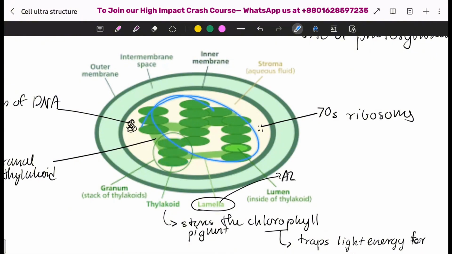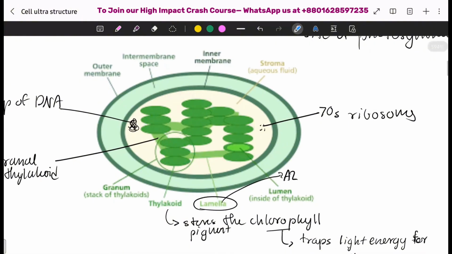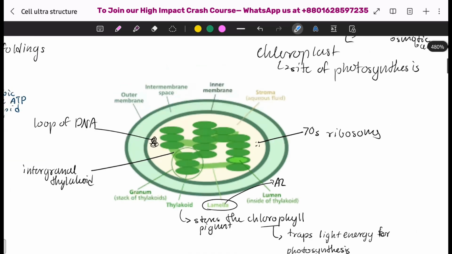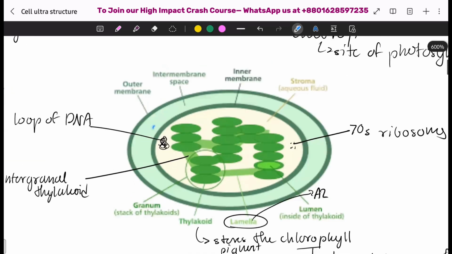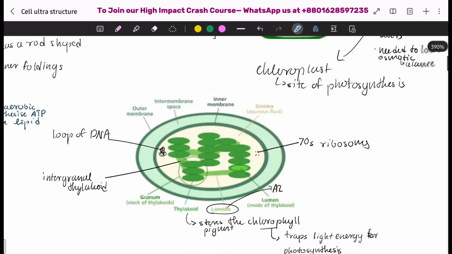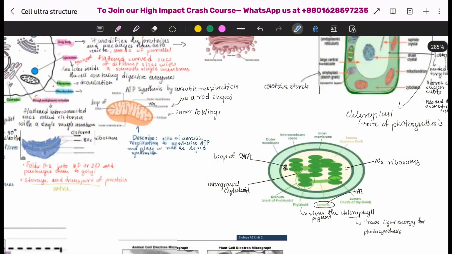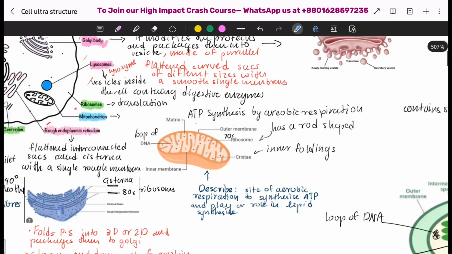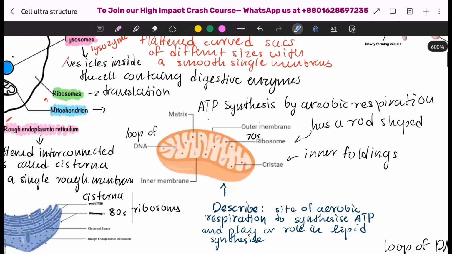The outer membrane, inner membrane, and the space between the membranes is called the intermembrane space. Inside the inner membrane, the stroma is the jelly-like fluid of the chloroplast. For mitochondria, it was matrix, but for chloroplast, this is stroma, okay?